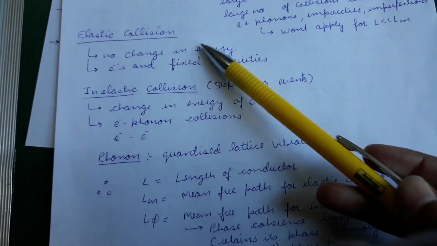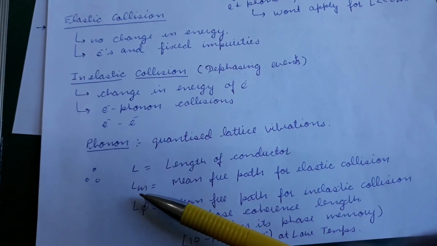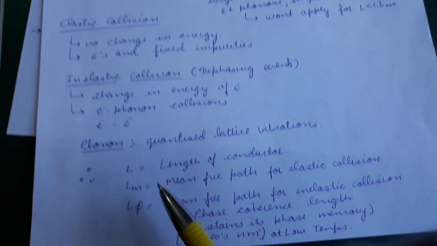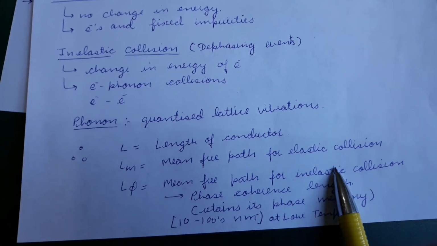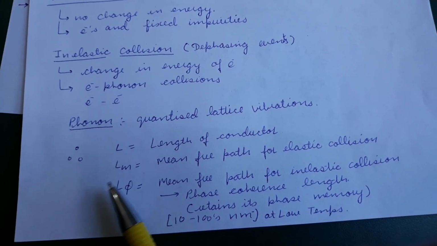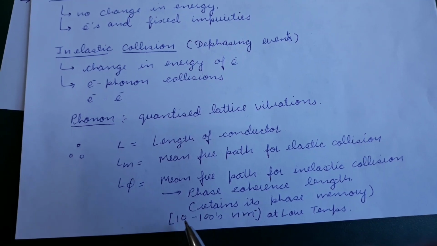The mean free path for elastic collision is depicted by Lm, and for inelastic collision by Lφ. It is also called the phase coherence length, and it is very important, of the order of 10 to 100 nanometers at low temperatures.